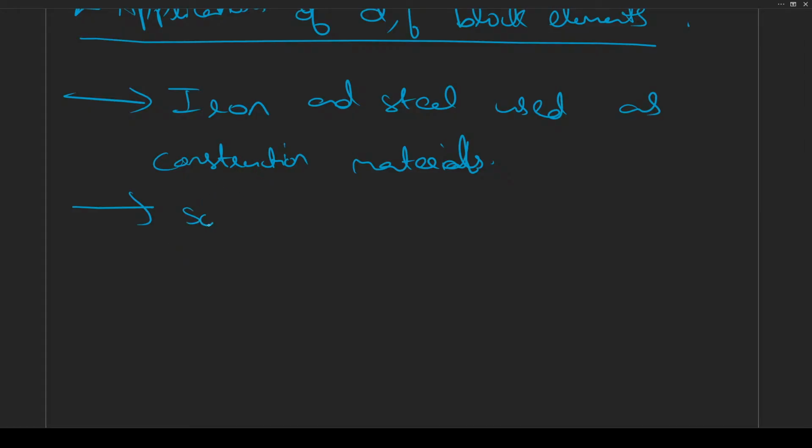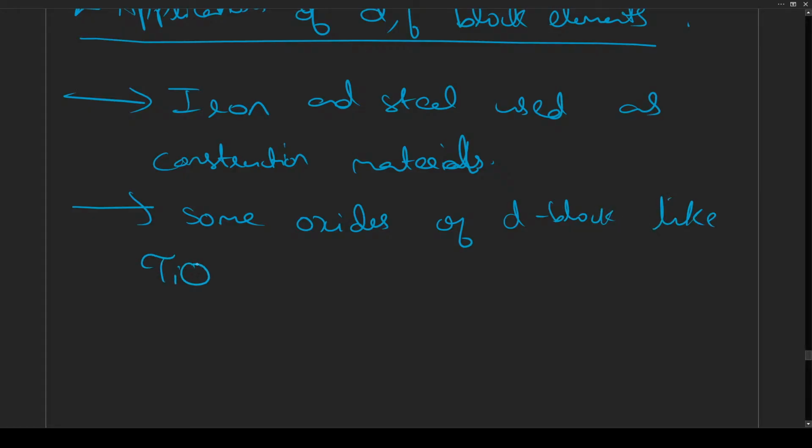Some oxides of D block, like titanium oxide, used in pigment industry.